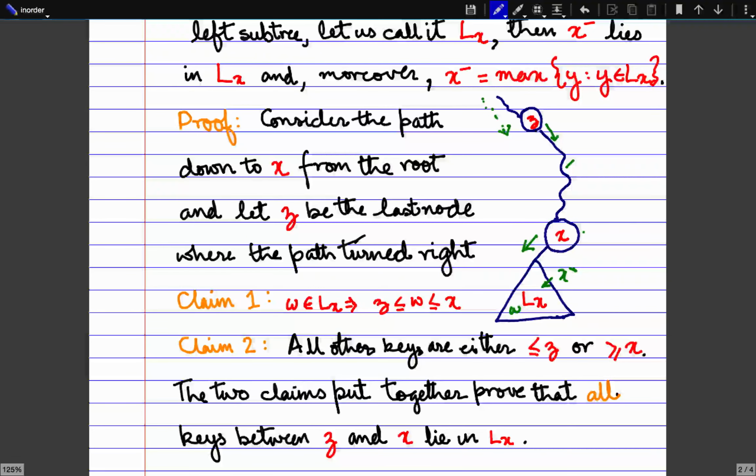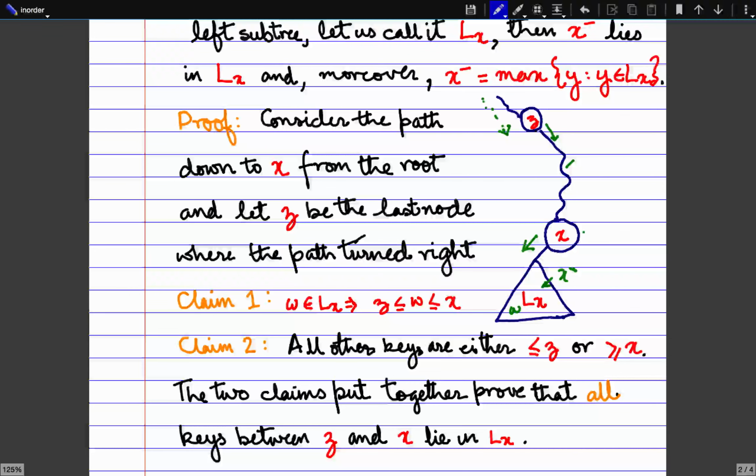But if there is a key which takes a right turn towards X, then claim 2 tells us that the key in that node Z gives us a lower barrier and says that everything in Lx is above that lower barrier and less than X. This automatically rules out the possibility that either Z itself or all keys which are less than Z are candidates for X minus, and definitely those keys which are greater than X cannot be candidates for X minus, and therefore X minus is to be found only in Lx.